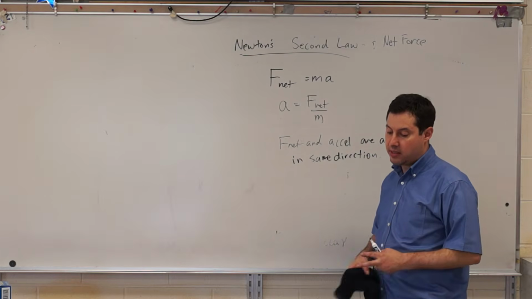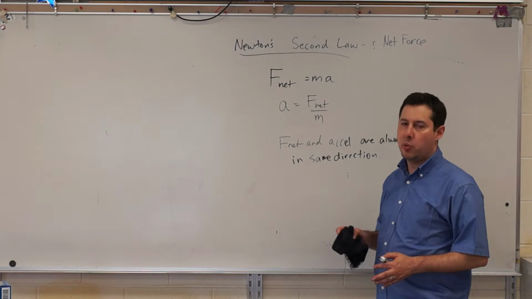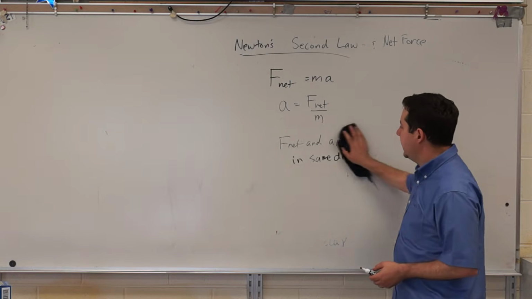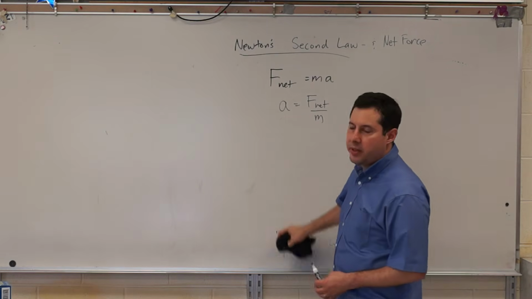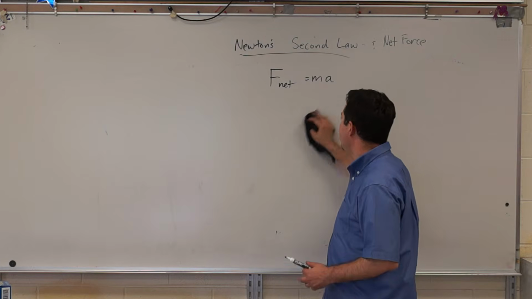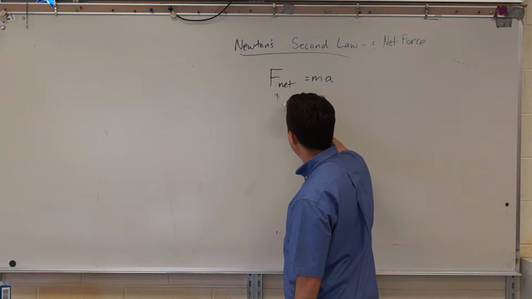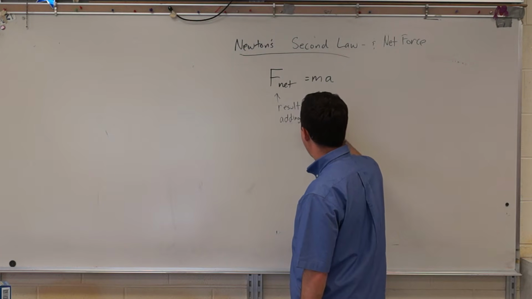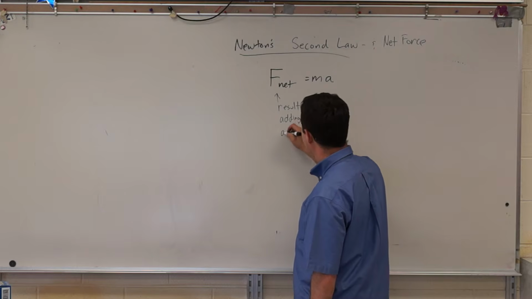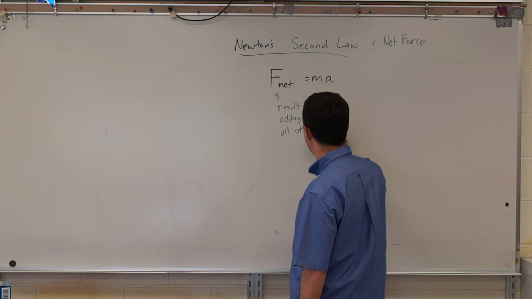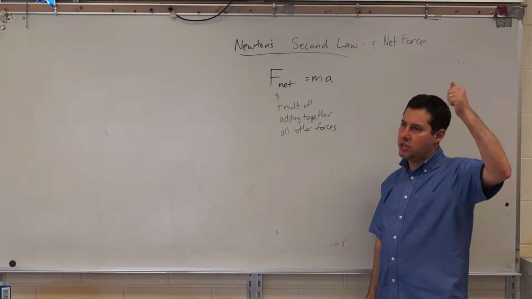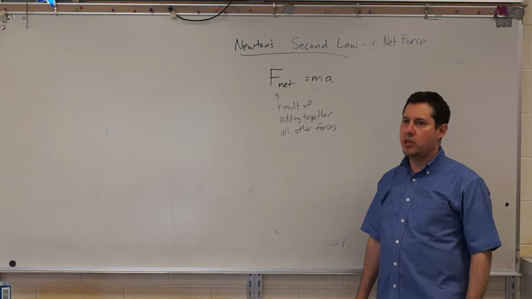But to do this, I also want to describe what net force is. So net force really is a resultant, if we think about it in terms of vectors. The net force is the result of adding together all the other forces. Now I talked about different kinds of forces like tension and normal force and gravity that push and pull on objects.